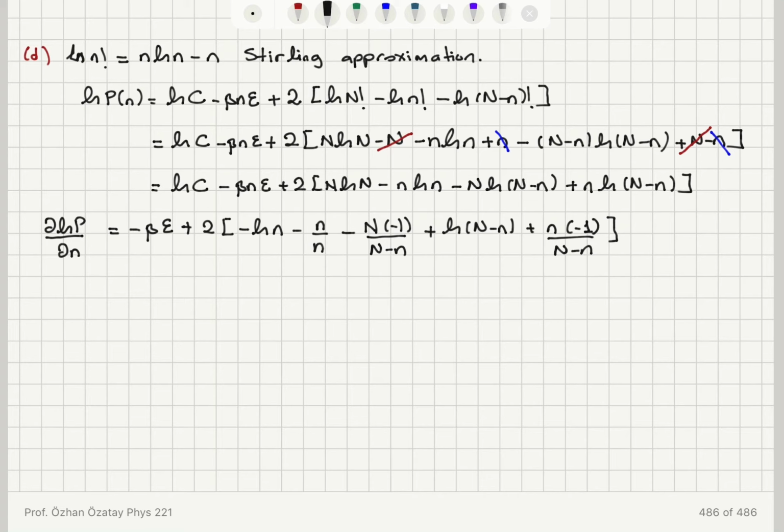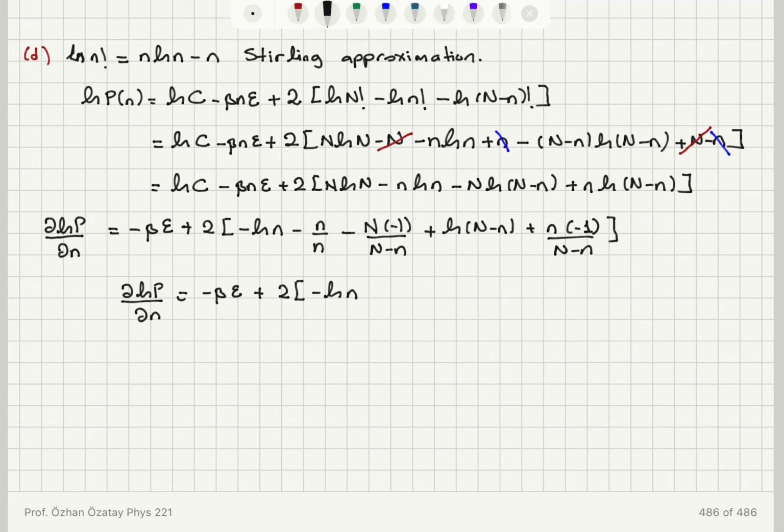So if I simplify this a little bit more, the derivative of natural logarithm of the probability with respect to n is the first term minus beta epsilon plus 2, now I have minus natural logarithm of n. Here I have a minus 1.